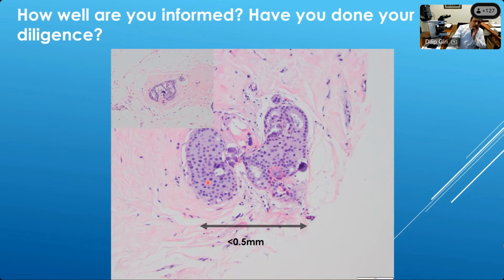It's only measuring 0.5 millimeter. Now, I should not rush myself into diagnosing something like this as ADH on a core biopsy. I should first ask myself, is this representative of what the radiologist saw? So if the radiologist is describing multiple foci of calcifications, and many of those were removed in the core biopsy specimen, and I'm only seeing a little bit of calcification, my next step is not to make a diagnosis.